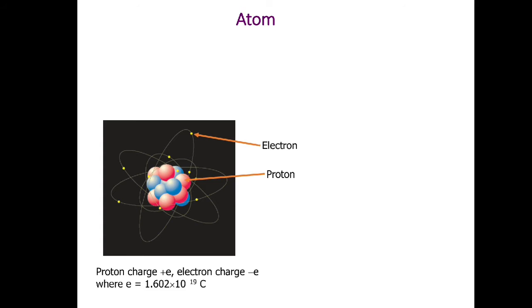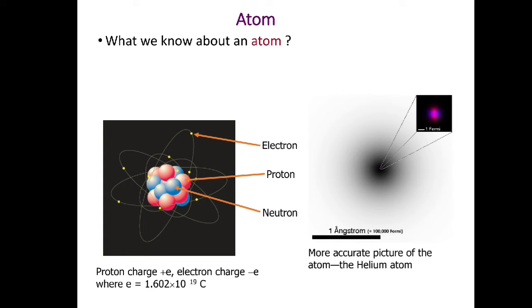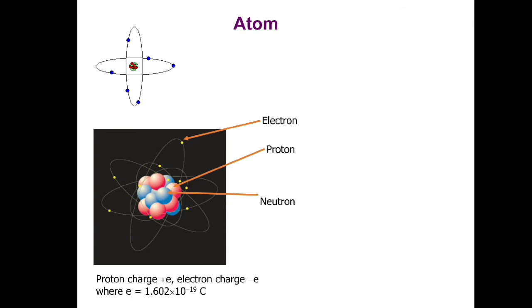Before going to the potential difference, let us see what an atom is. We know that an atom consists of electrons, protons and neutrons. Electrons are negatively charged and protons are positively charged.